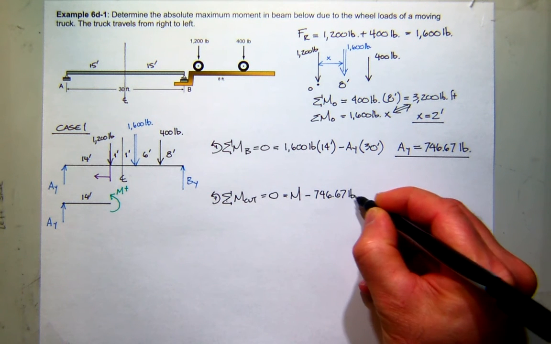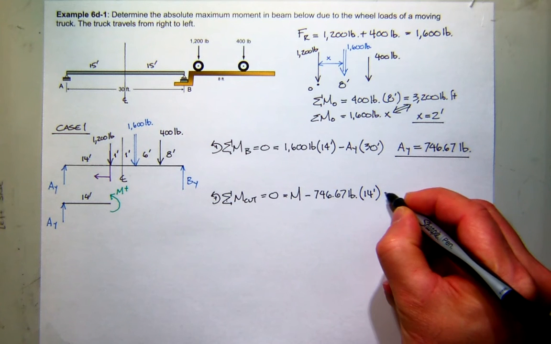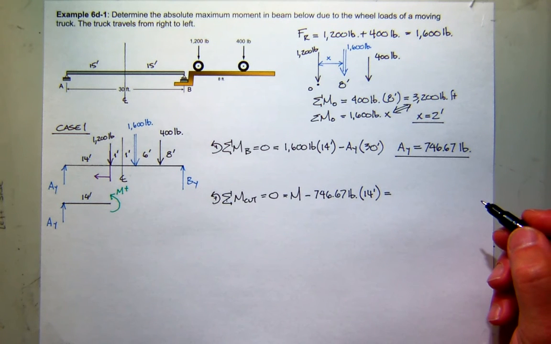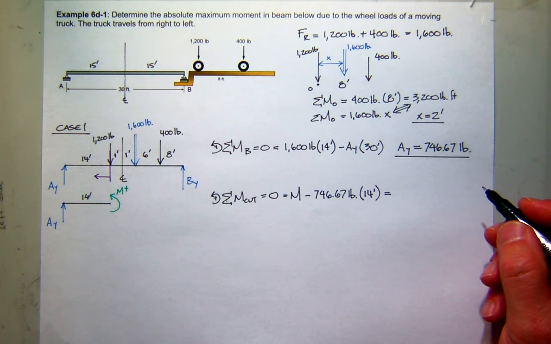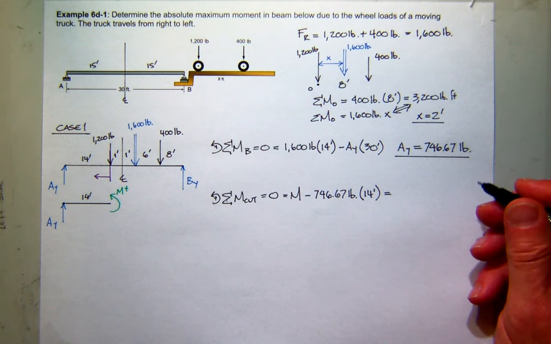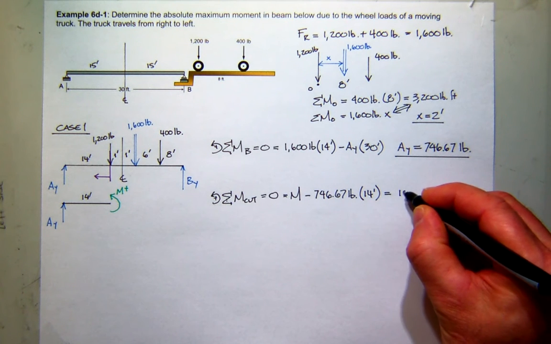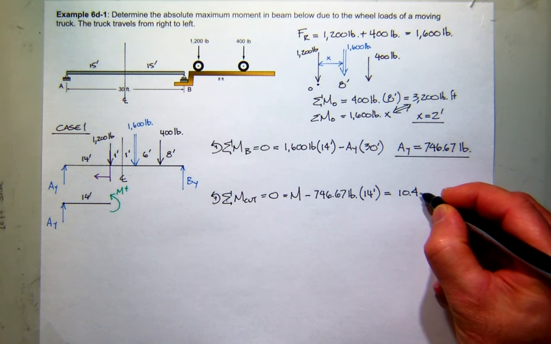746.67 pounds. And what's the moment arm? 14. And what's that equal to? Close to 10,000 something. 10,000 what? 10,453.